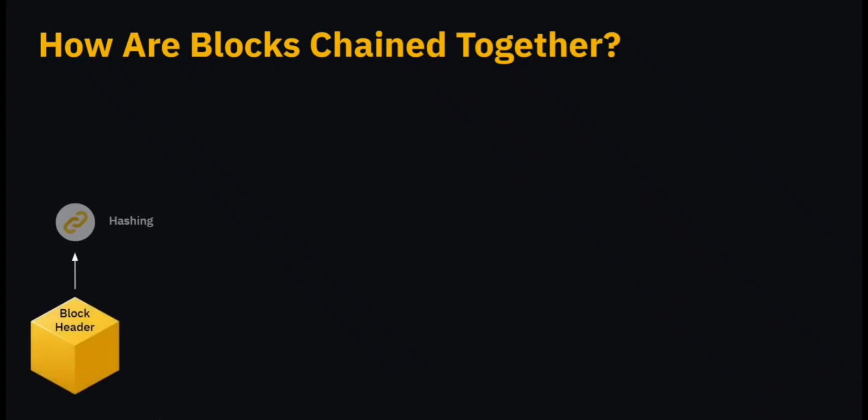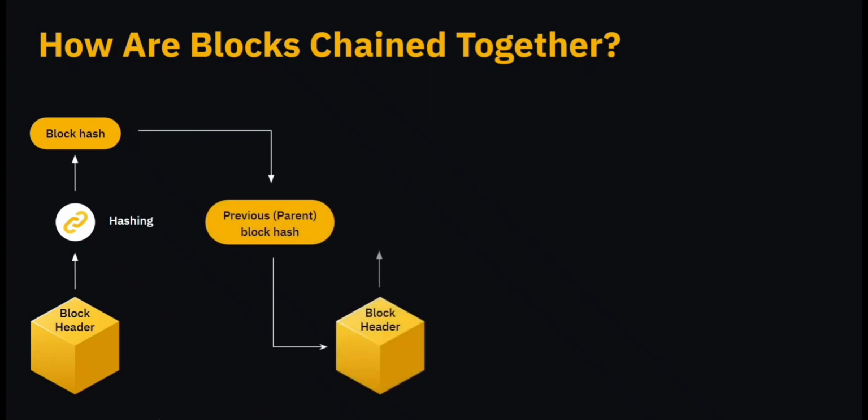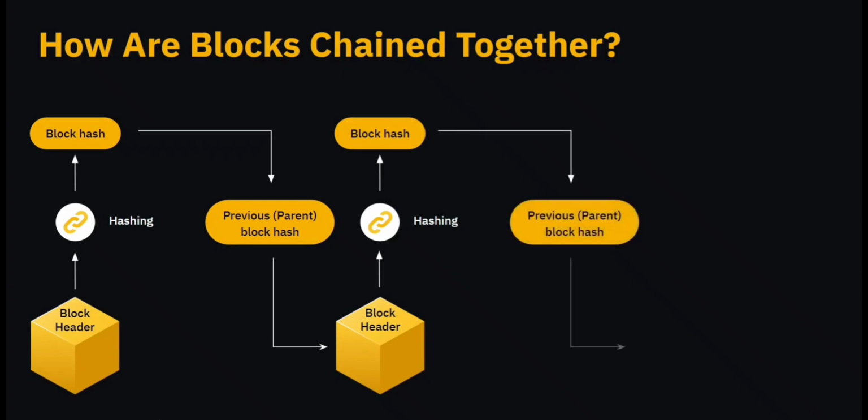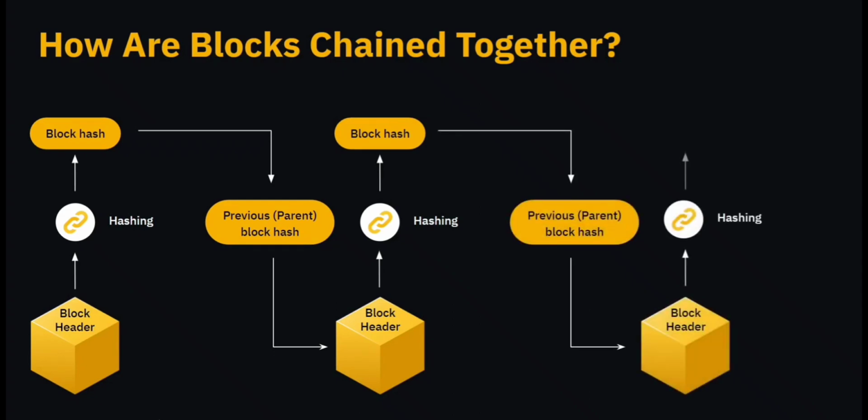So, how are blocks chained together? Each block in the blockchain has its own block hash, serving as the unique identifier. To maintain the integrity and security of the chain, the hash of the previous block is incorporated into the header of each new block. This creates a continuous and immutable chain of blocks, starting from the genesis block.